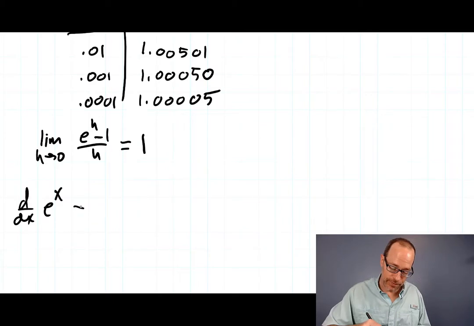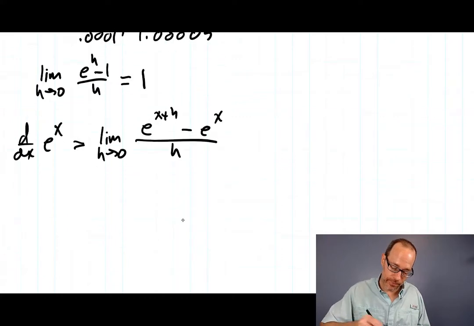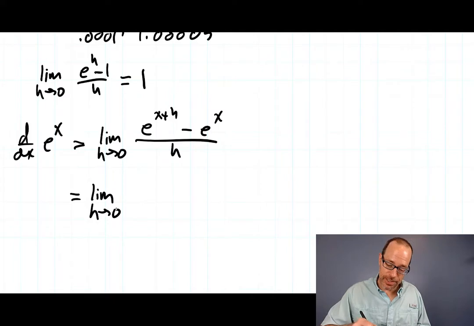The derivative of e to the x, by definition, is the limit as h goes to 0. You plug in x plus h, then you subtract off plugging in just x, and then you divide by h. So that's the limit as h goes to 0. I want to factor out an e to the x from everyone on the top, so that leaves e to the h minus 1.